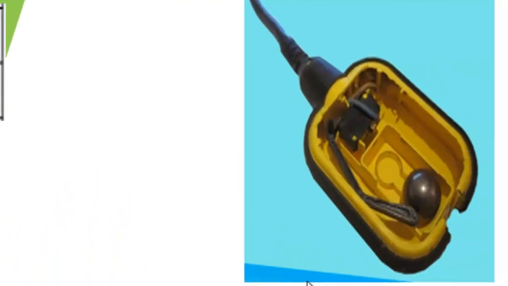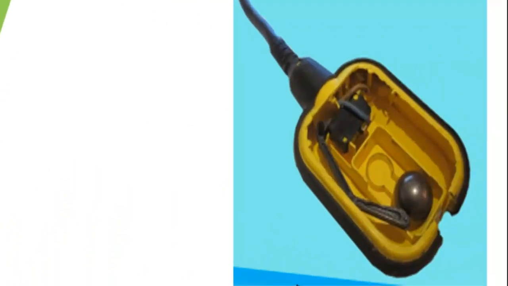If you look inside, you will see a metal ball. As the float switch drops to become vertical, the metal ball will roll down, and as you can see, this lever that is connected to this switch will now be activated by that metal ball.